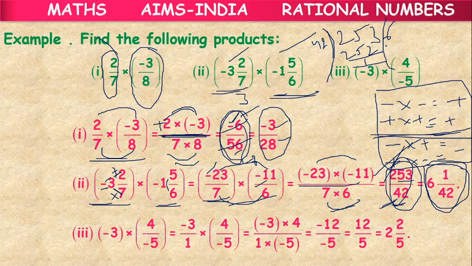So how to write the mixed fraction? 6 is the quotient, 1 is the remainder, 42 is the divisor. So we can write it as 6 1 by 42.